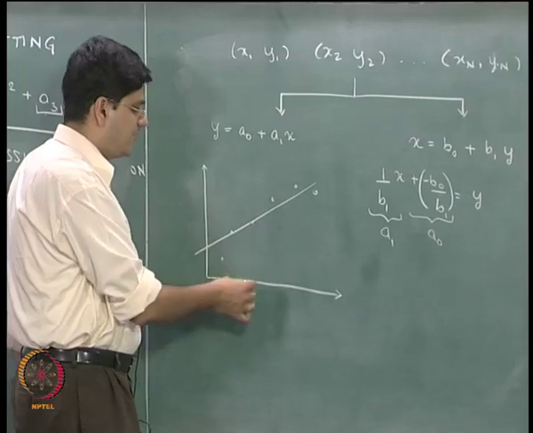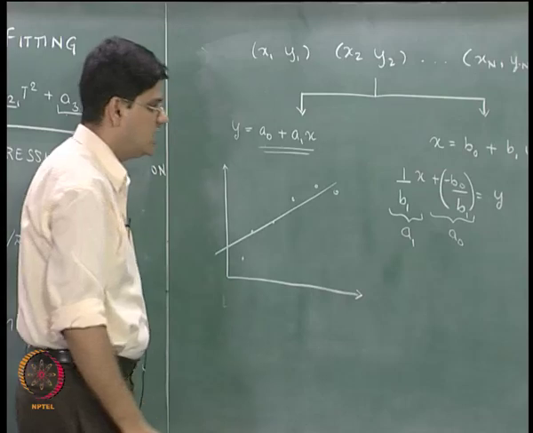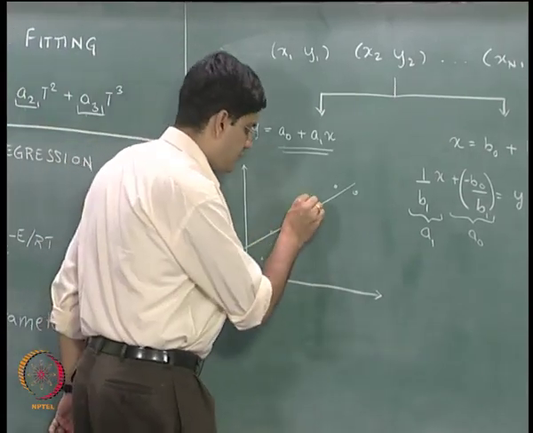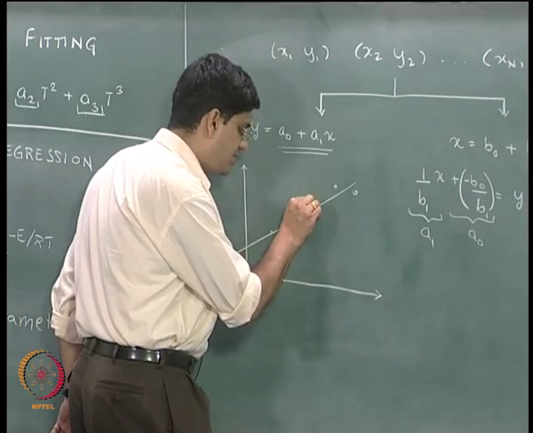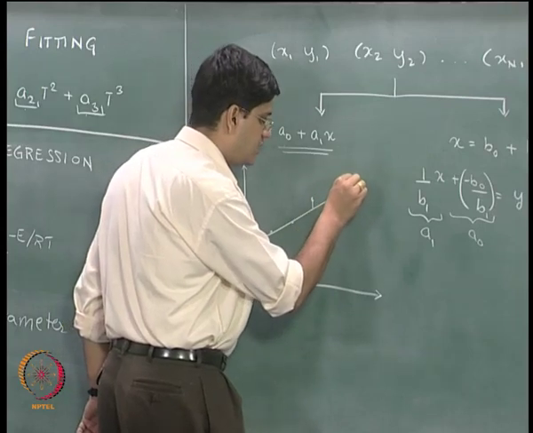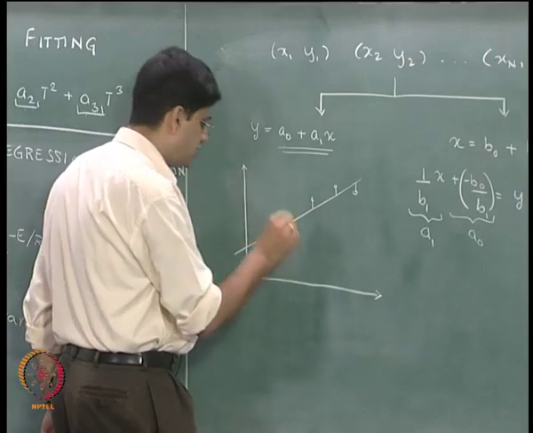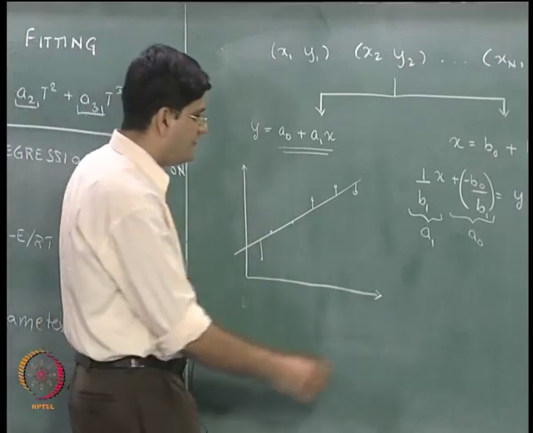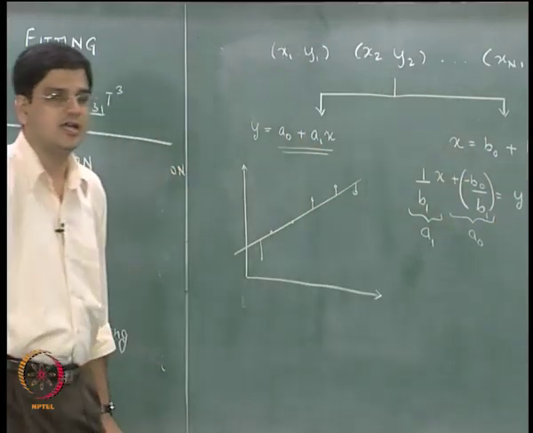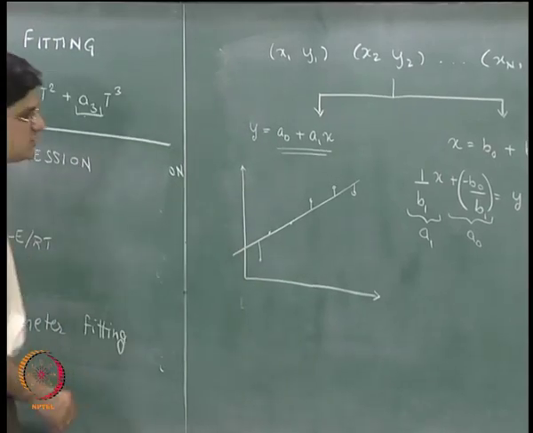So what I mean by this is, let us say this is our best fit line shown over here. Then what we are actually minimizing, as we had seen in one of the previous lectures in the module, is these vertical distances between this straight line and the data. But if we have to fit x equal to b0 plus b1y, it is not the vertical distances that we are minimizing, it is indeed the horizontal distances.